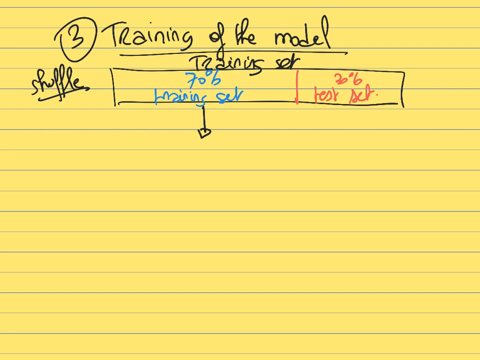So the second thing that you will be doing is, within your training set, you will need again to split this training set into a given fraction that you will use to train the model.